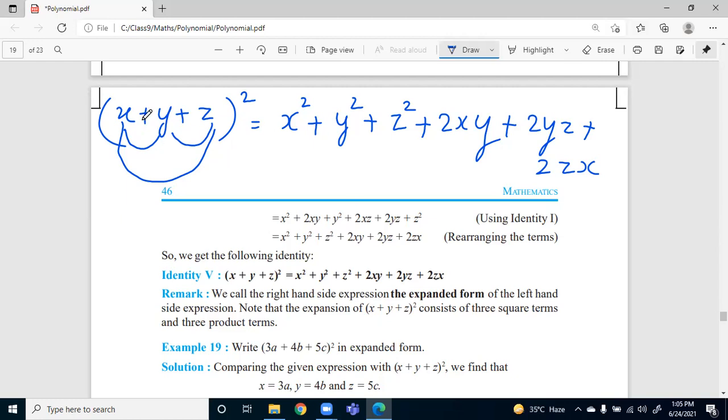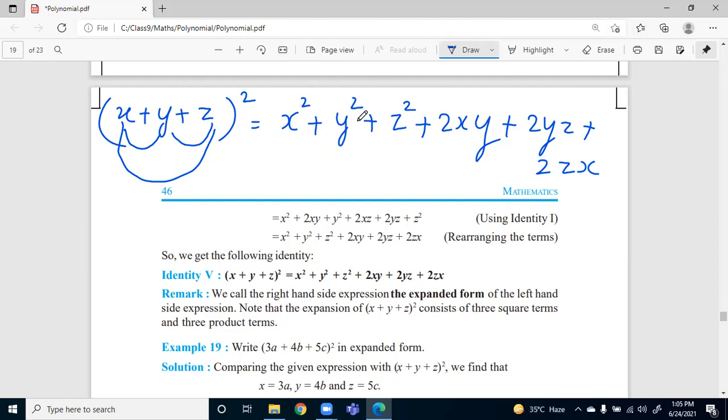If there is a negative sign in between, you have to consider that negative sign. If here you have written y as positive, but let's say it is negative, then you have to put minus y whole square. Things will change accordingly with the sign.